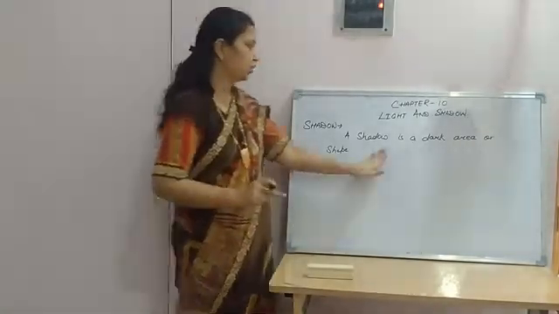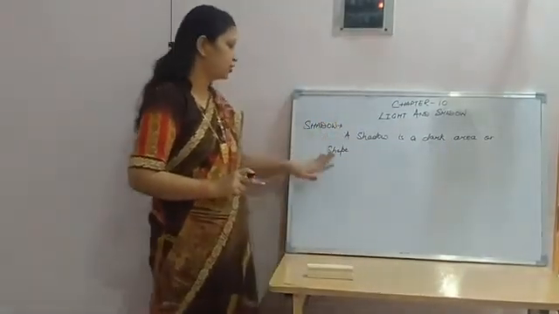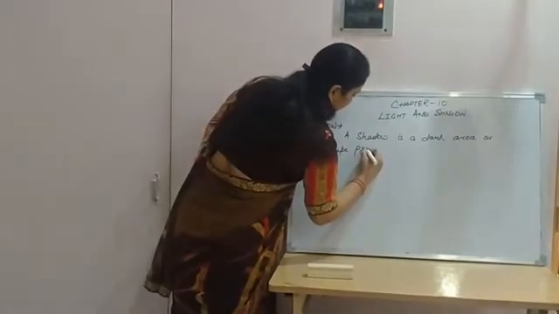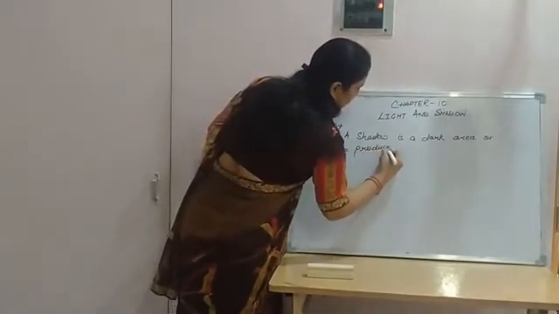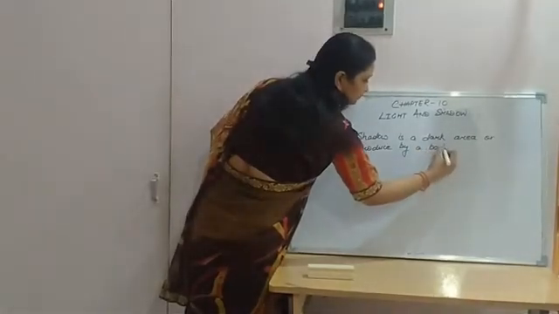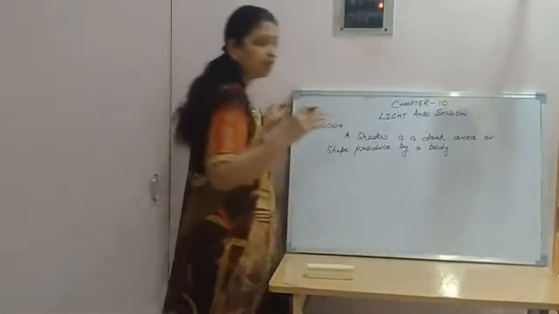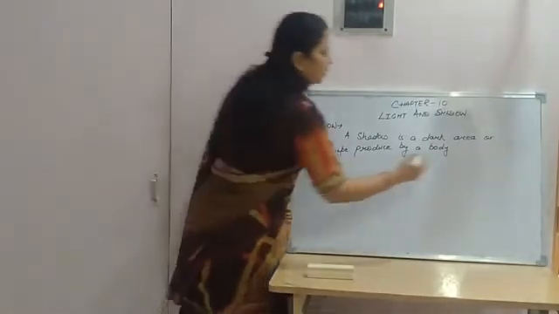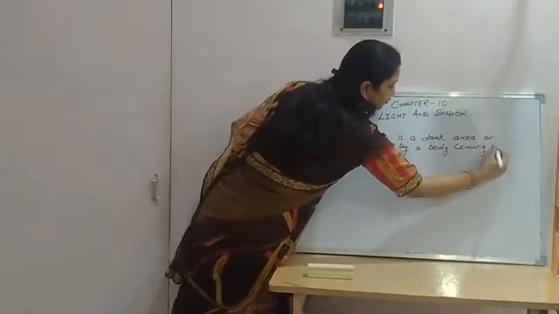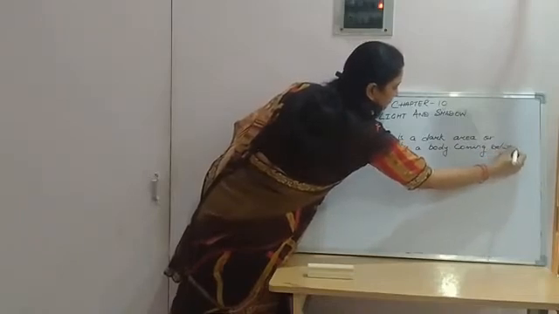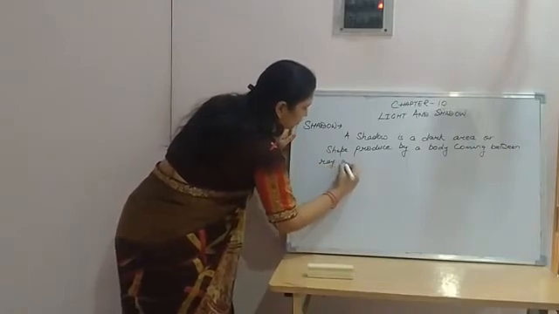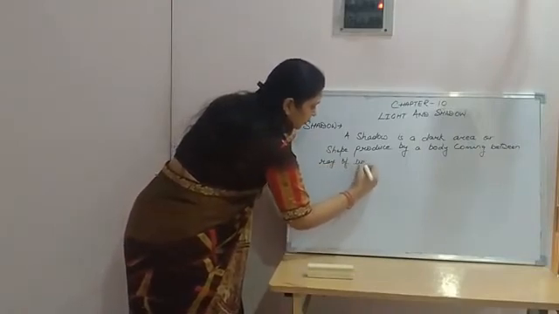So a shadow is a dark area or shape produced by a body. That book is the body coming between rays of light.